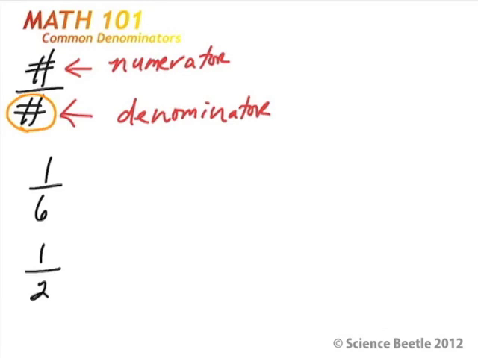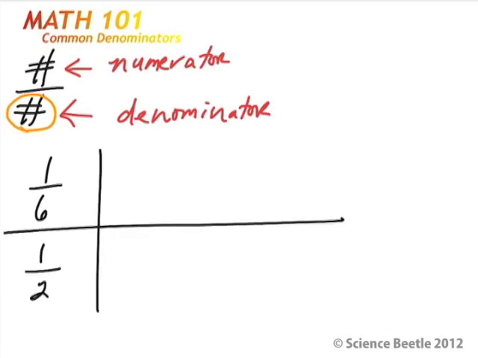We can apply those same principles here and figure out the least common multiple of the denominators. If we take the 6, the multiples of 6 are 6, 12 if we multiply it times 2, and 18 if we multiply it times 3.